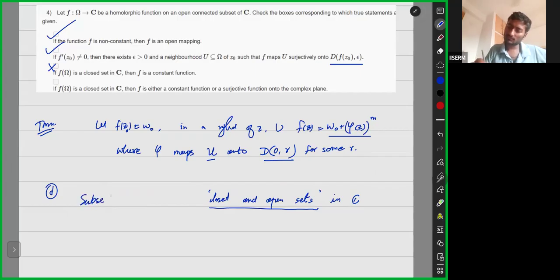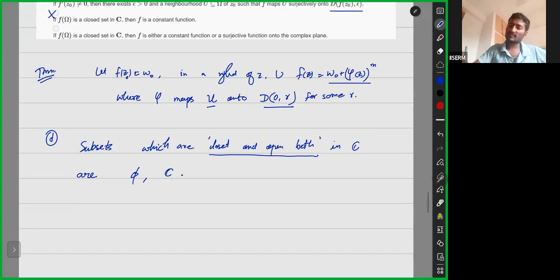Subsets which are closed and open both. In C they are the empty set and C.